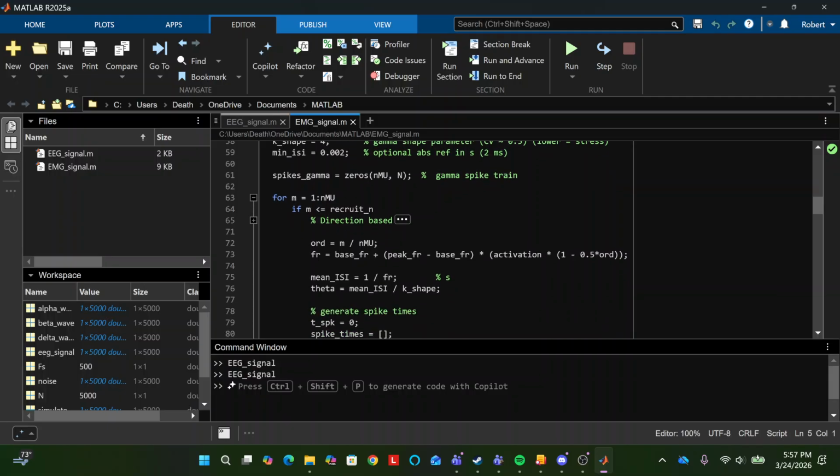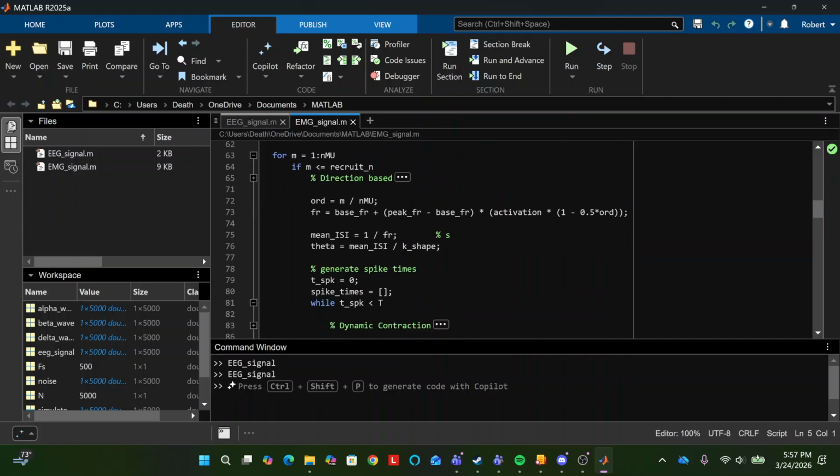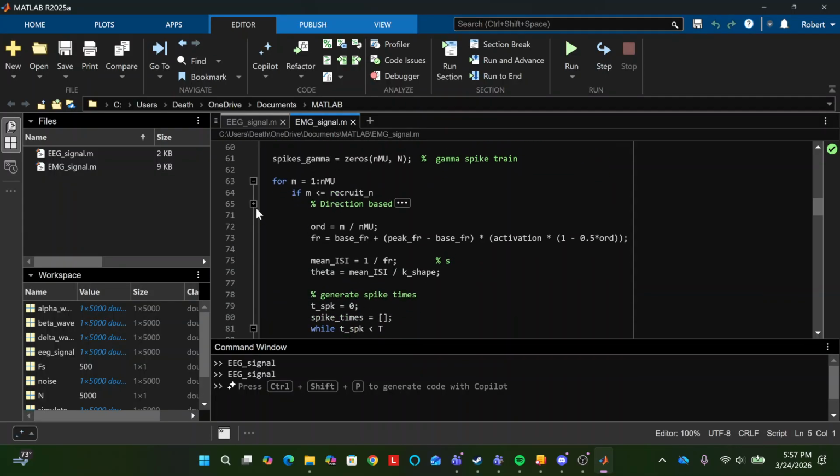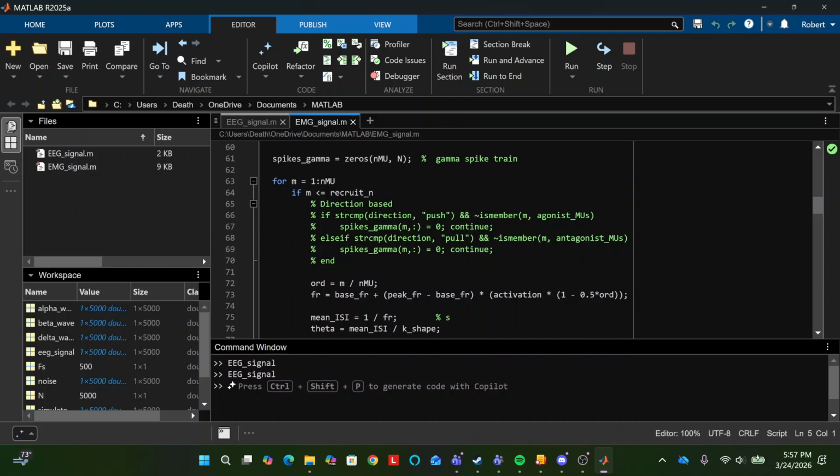You have spike gamma, which is the gamma spike train. So what we do is we have these spike trains that we create. Then we have another for loop going through, and we're looking at the recruitment, and we're also looking at generating the spike times for the gamma spike train. We also can do direction based if we wanted to.